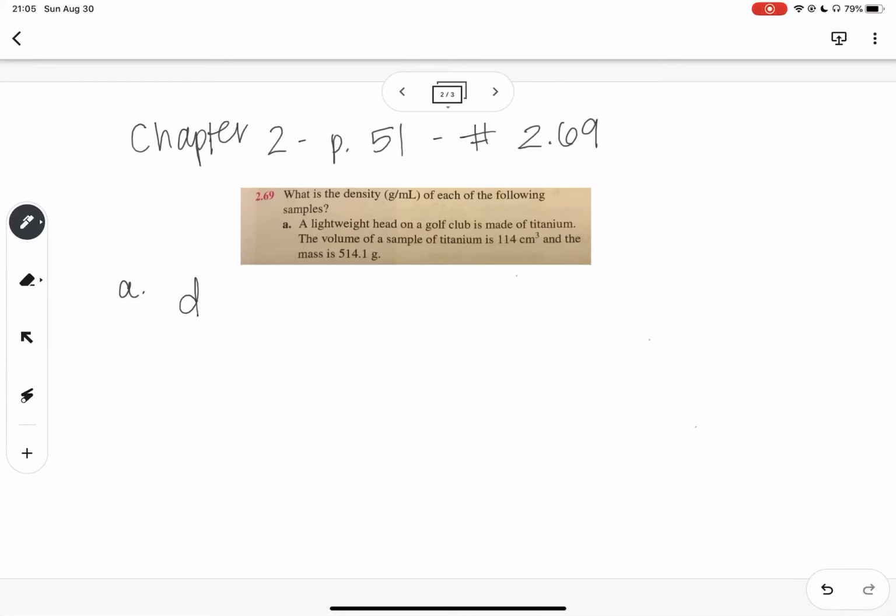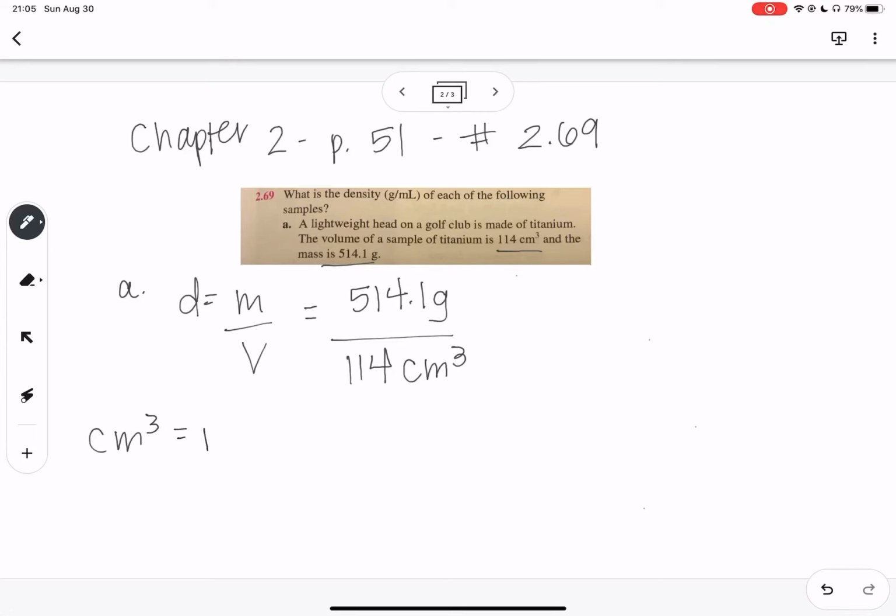So remember again, density is mass over volume. The mass is given to us, 514.1 grams. The volume is also given to us here, 114 centimeters cubed, which is the same thing as a milliliter, and this is also called a cc for cubic centimeter.